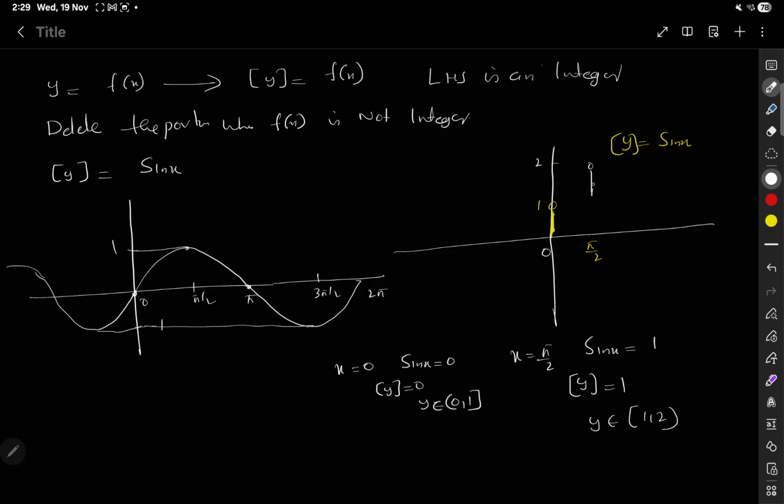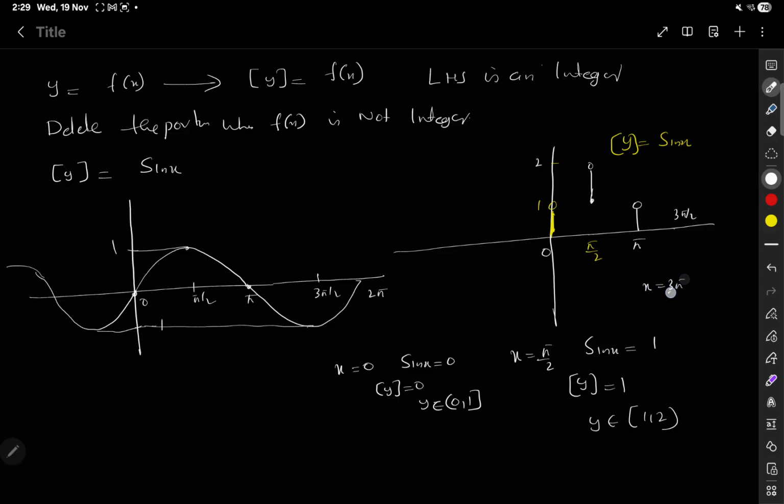So graph will be like this. Okay. Then at pi, again the graph will be like this. Then sorry, at 3 pi by 2, what is happening? It is minus 1. Step y will become minus 1. Y is minus 1 to minus 2. So graph will be like this. Correct? Sin pi is 0, step y is 0. So we got like that.